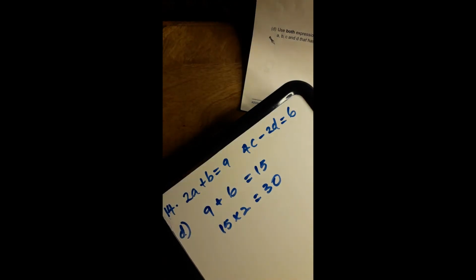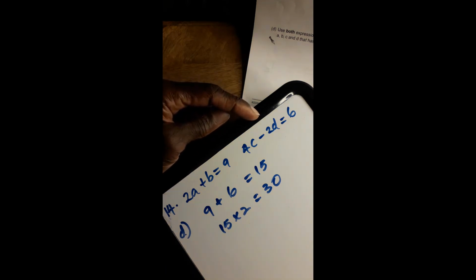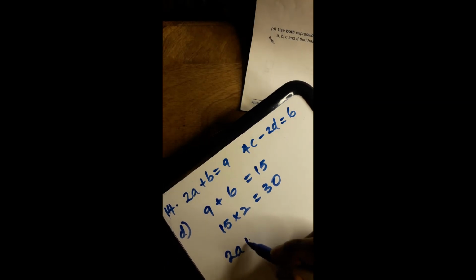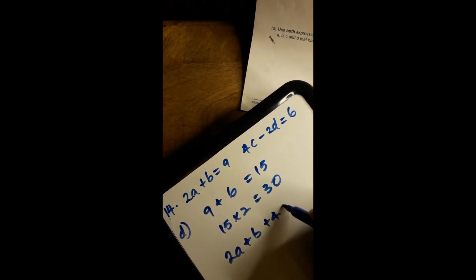So this is telling us that if we add this equation to this equation and then multiply the result by 2, we'll get an expression with the value equal to 30. And that's what we'll do. 2a plus b plus 4c minus 2d.